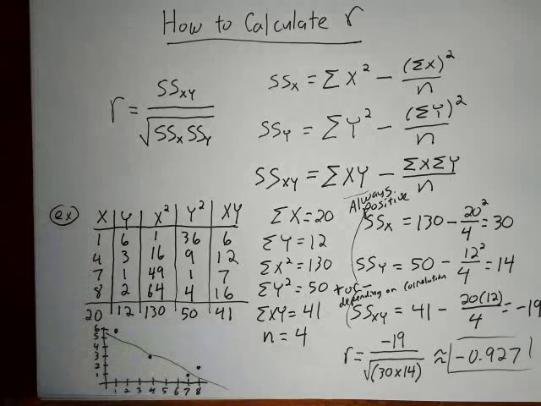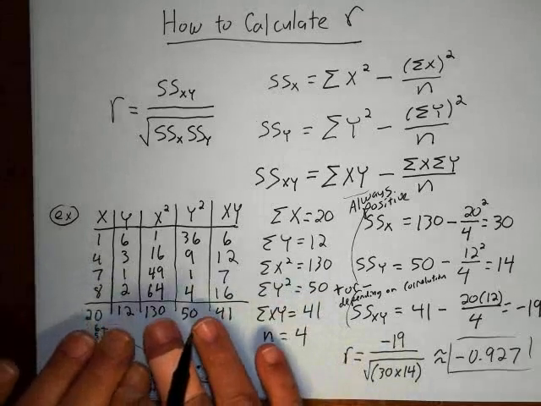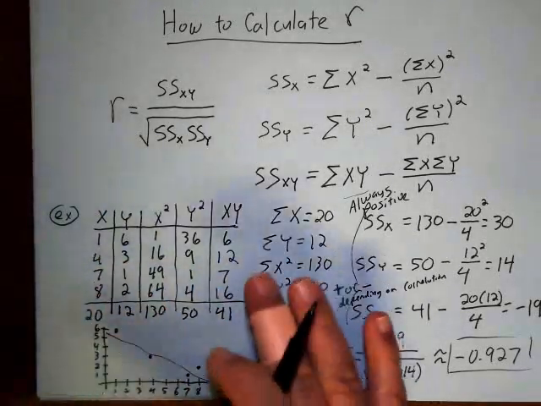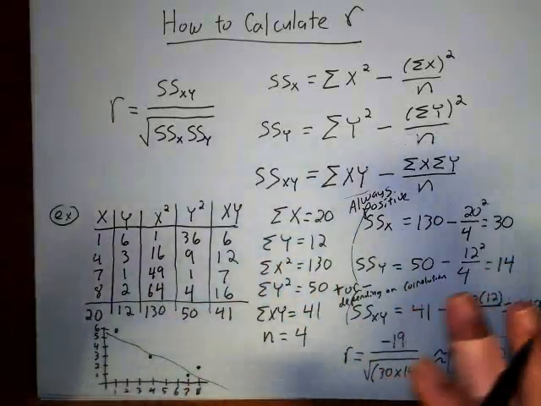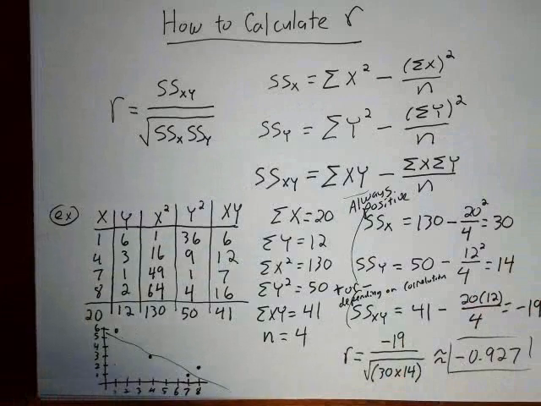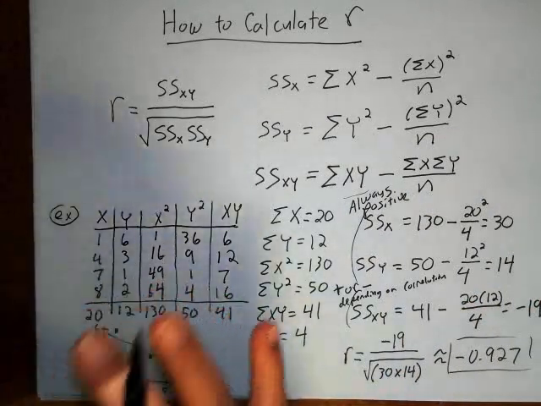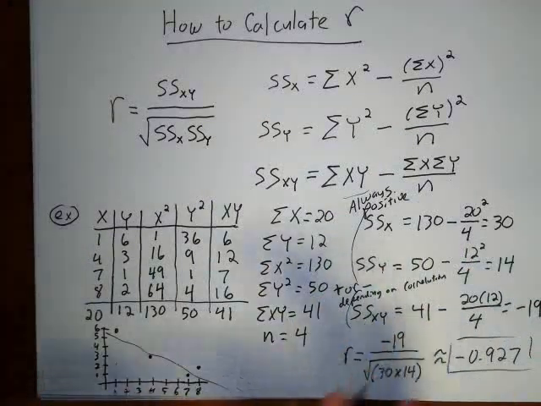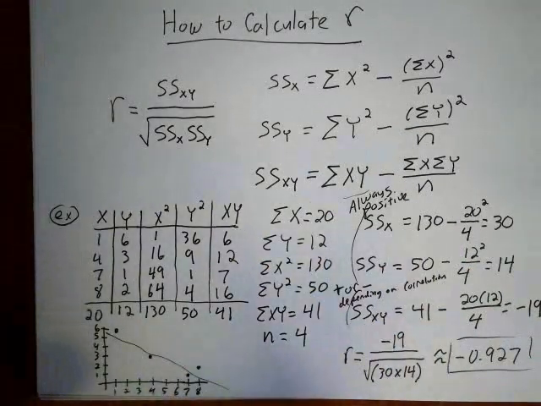One other thing is the numbers here I chose were all fairly small, and there wasn't a lot of them, and so it was quick, easy to get the sums and put them in here, and that's great for getting practice. But a lot of the ones on the homework, you're going to have more numbers, and they're not going to be as nice and simple as single-digit numbers like this. And so getting all these sums is a lot of work, and you can get error in there pretty easy.